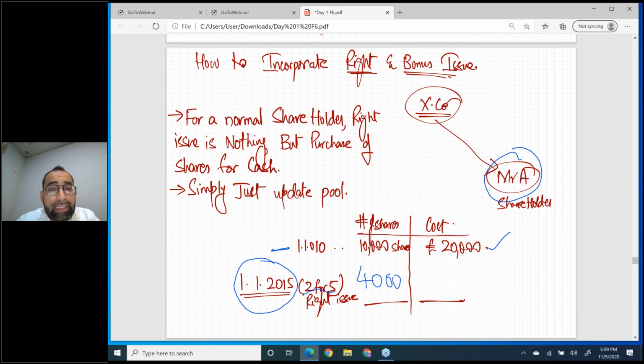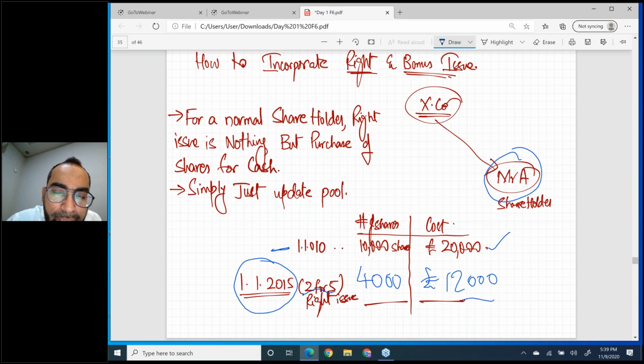Obviously, we all know that a rights issue is not a free issue. You have to pay for it. So for example, you paid £3 per share. You just bought 4,000 rights shares, multiplied by 3 is £12,000. So here you will write 12,000, and you'll update the pool.